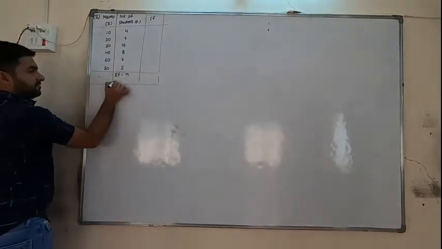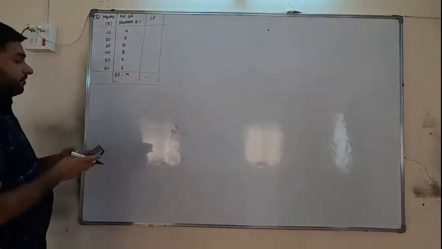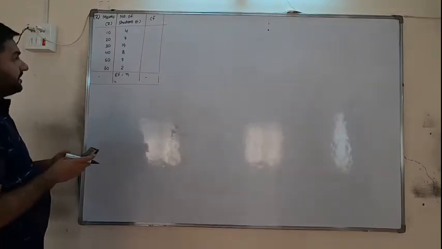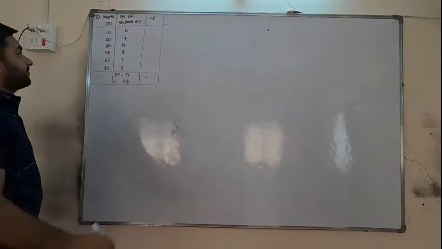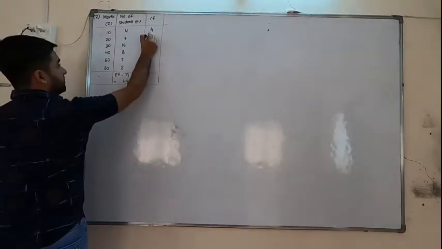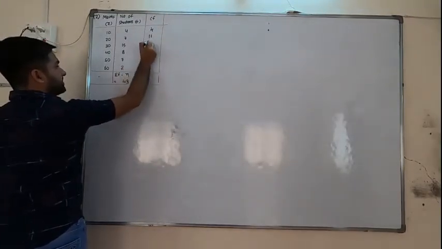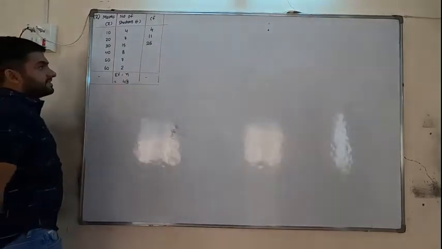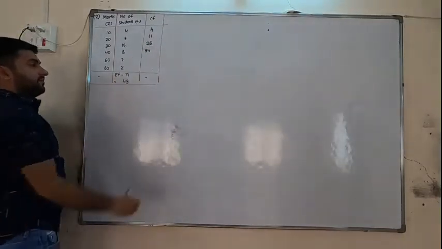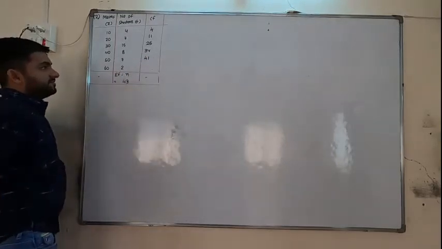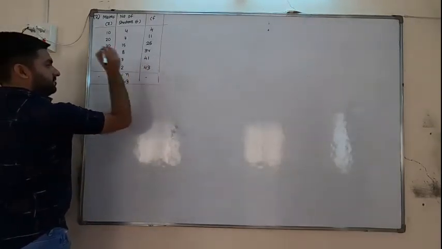Sigma F is equal to N, which is 4, 7, 15, 8, 7, 2, so 43. Now CF. 4 is 4, 7 plus 4 is 11, 11 plus 15 is 26, 26 plus 8 is 34, 34 plus 7 is 41, and 41 plus 2 is 43.